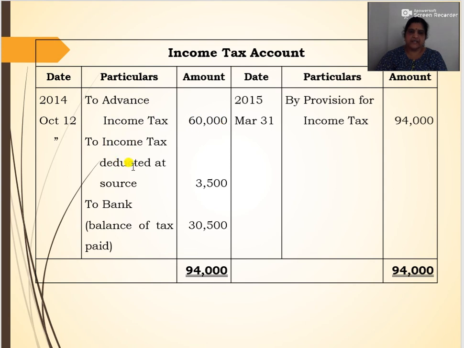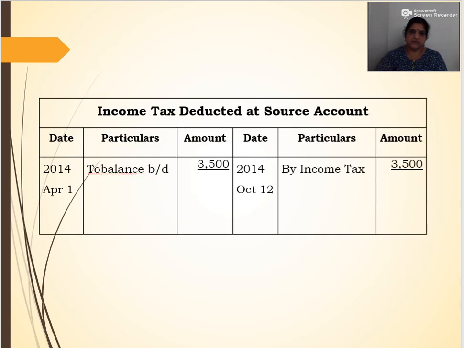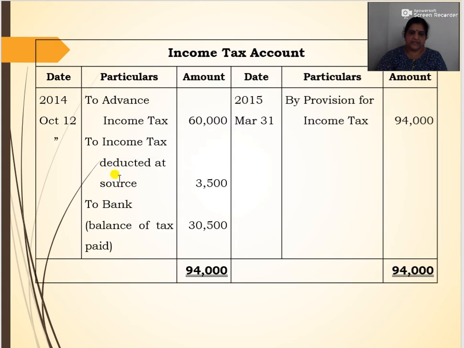Then to income tax deducted at source. So this is on the income earned, that is income tax account debtor to income tax deducted at source. Okay, so to income tax deducted at source comes to 3,500. Now, so this is the balance tax, that is to bank 30,500. Okay, so income tax account debtor to bank 30,500.